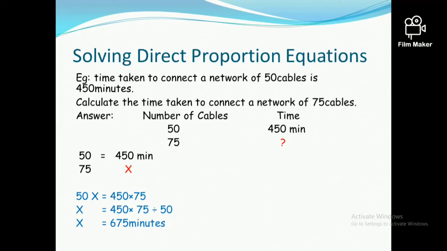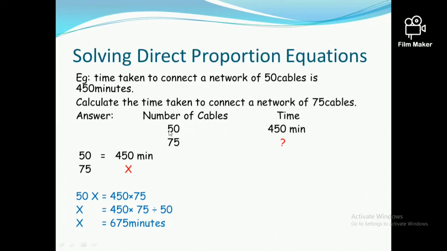So this is simply a direct proportion. Again, we'll start with the same technique. We will write the relationship facts: the number of cables with time. For 50, we need 450 minutes. Then for 75, how much time do we need? That's the way of understanding this question.